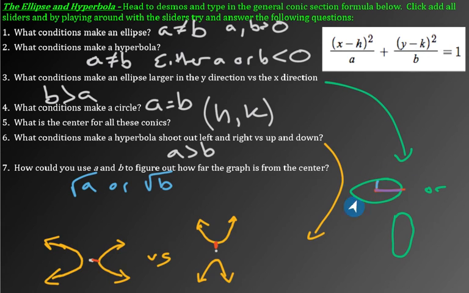So in this ellipse, if you square rooted whatever the B is, it'll tell you how far to go out to the edge of the graph in this direction. If you square root the A here, it'll tell you the left and right measurement from the center to the edges out there, okay? Same thing for these guys. That one's a little tricky to see, but I'll go through that one a bit more in class, just so you make sure you see it.